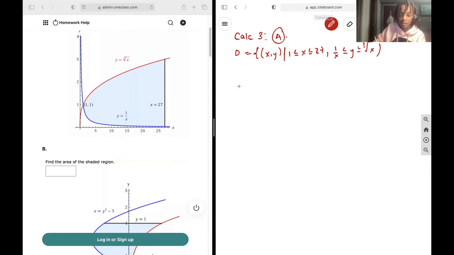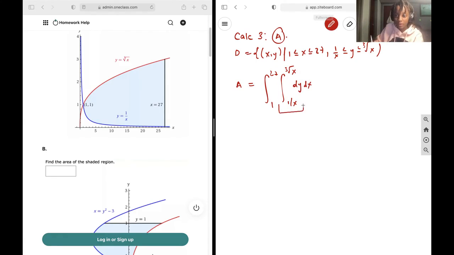And now we simply take the integral over that. So A would be equal to the integral as x goes from 1 to 27, the integral as y goes from 1 over x to the cube root of x of dy dx. Let's take y first.